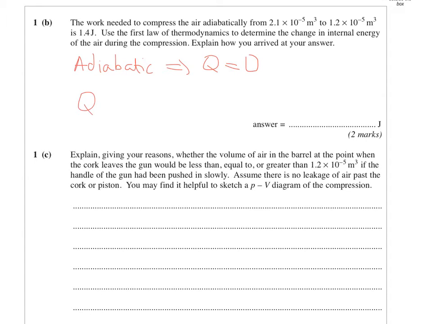So what we have is Q is equal to W plus delta U. So what we have is that the delta U is going to be equal to minus W. So essentially what you get is a change of minus 1.4 joules, and it's all to do with the fact it's adiabatic and that Q is 0. So if you're putting work in, you're going to essentially increase the internal energy, or if you're taking work out, you're going to decrease the internal energy.